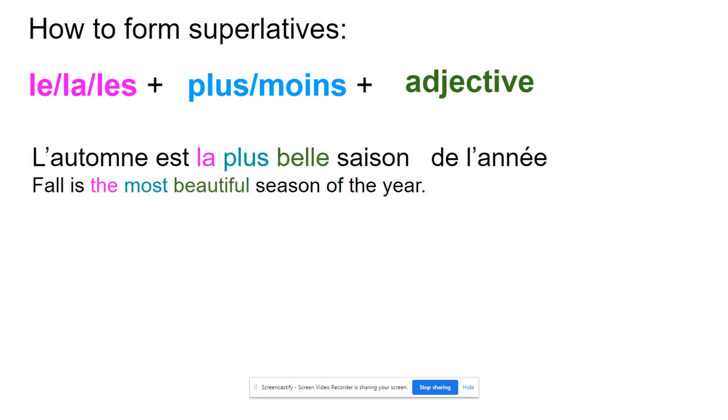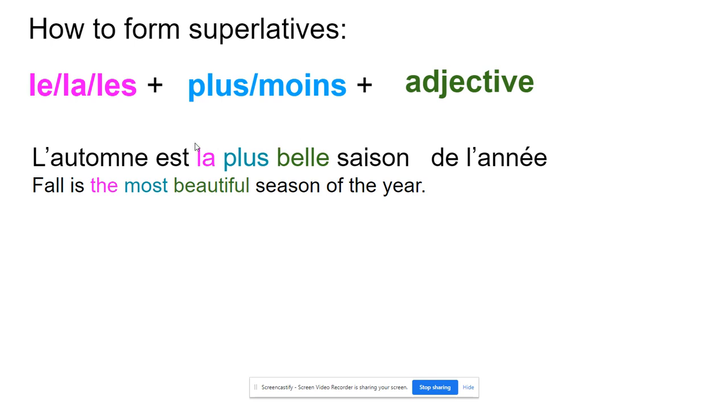All right, so here are some examples, and I'm going to point out a couple things as we go. So, l'automne est la plus belle saison de l'année. So, fall is the most beautiful season of the year. So, we're comparing fall to the rest of the seasons. So, saison is a feminine word.